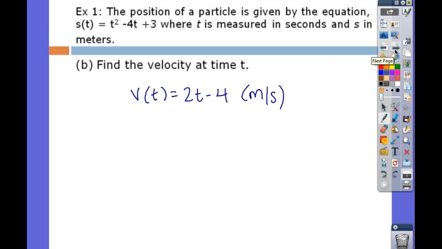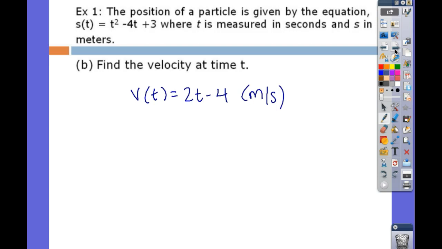So here's the second part. Find the velocity at time t. So you got 2t minus 4 meters per second. Okay, if it asks for the velocity after 3 seconds and after 4 seconds, what are we doing?